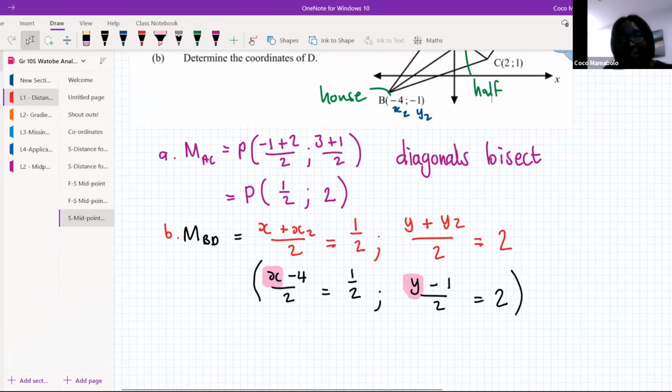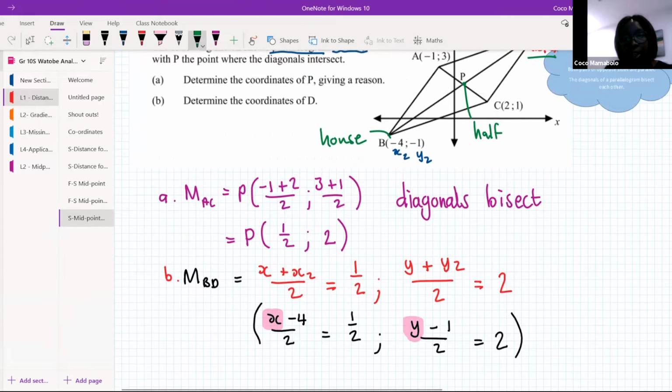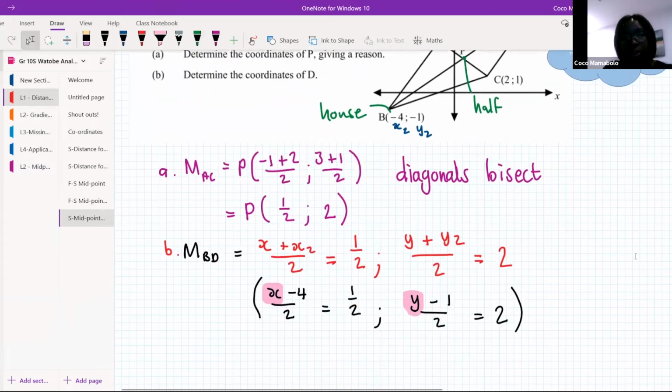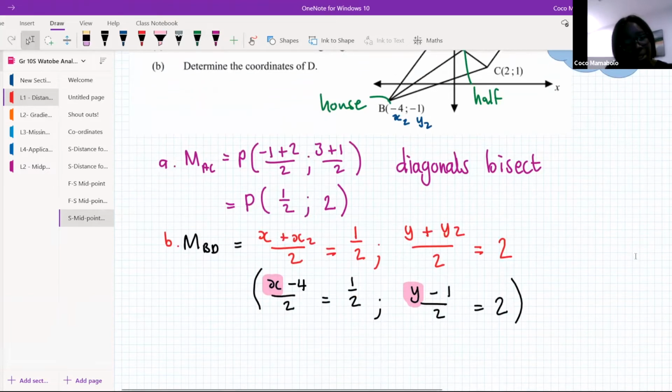That's why my X values are X up here, X plus -4, and that's where I got plus and minus will give me minus. So that's why I have X minus 4 divided by 2 will give me my midpoint. Same with my Y value.